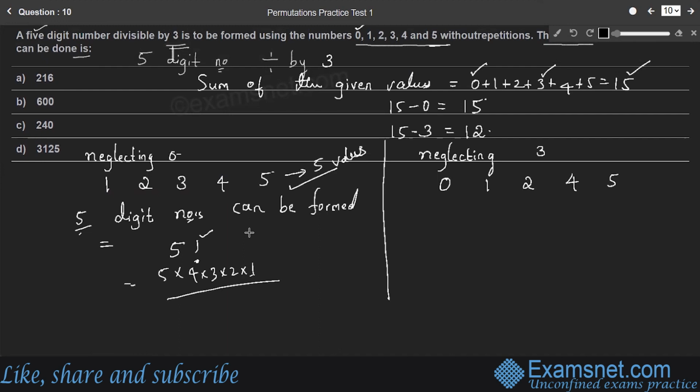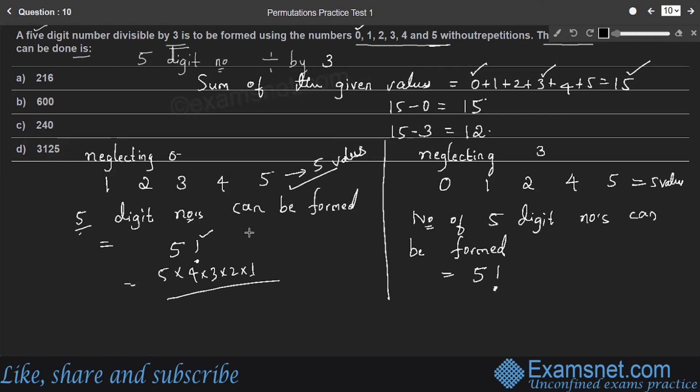Using these values, we have to form 5-digit numbers. Therefore, the number of 5-digit numbers that can be formed using these 5 values, according to the previous case, is 5 factorial. But here is a twist.